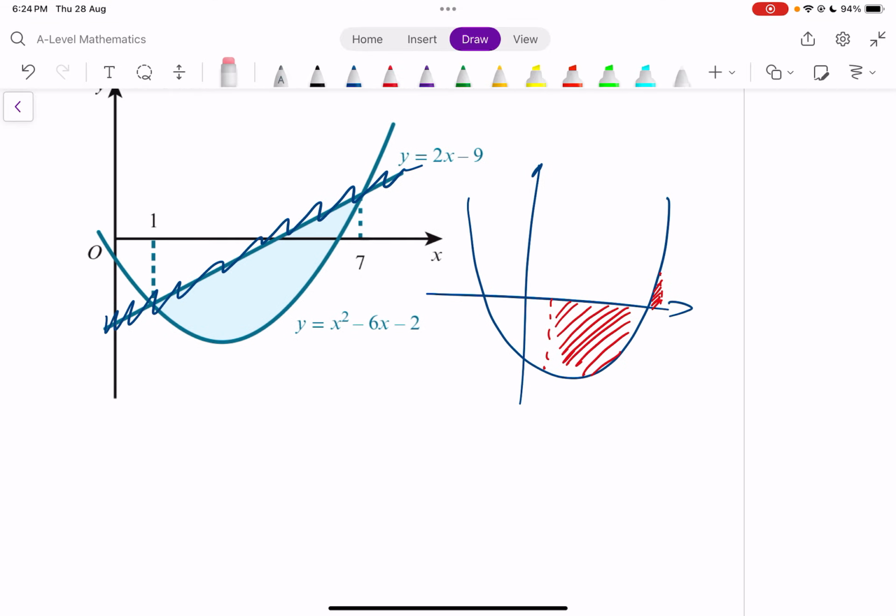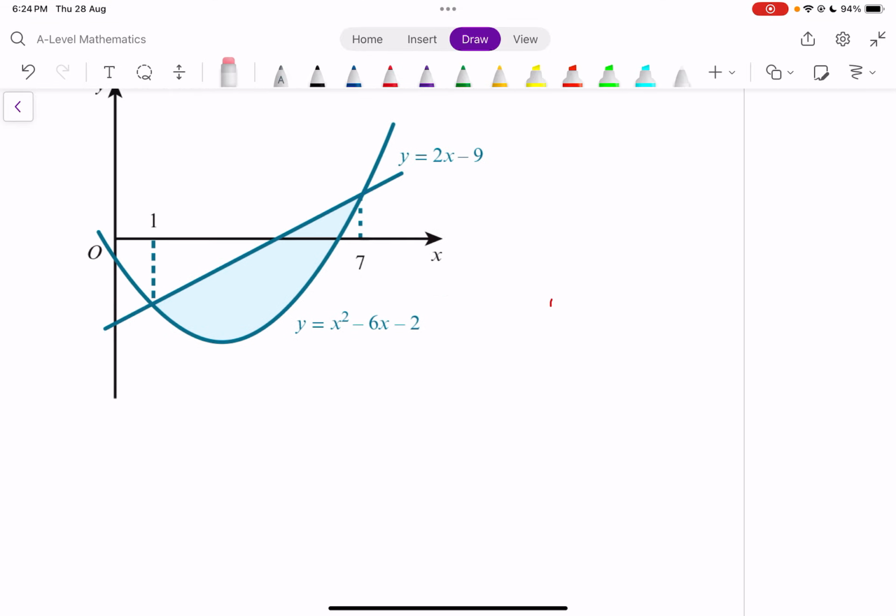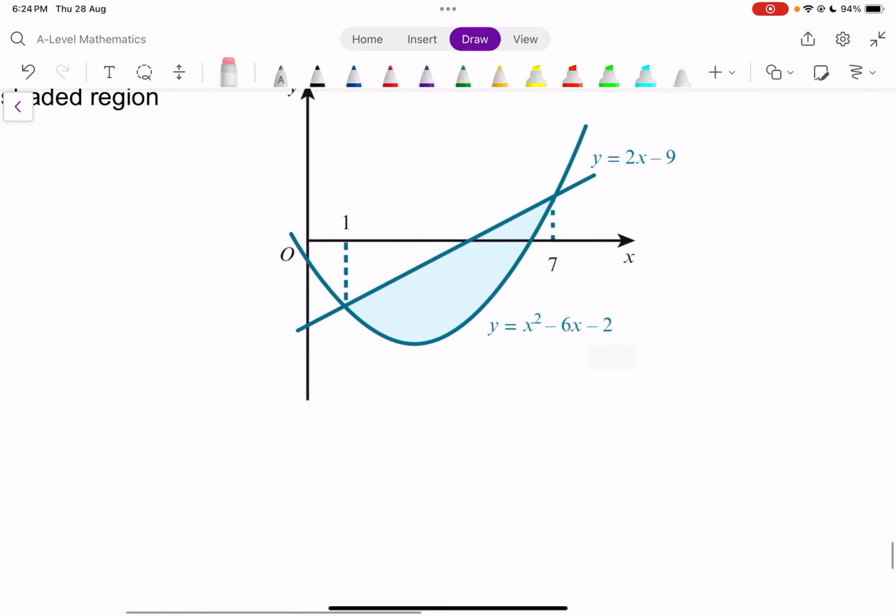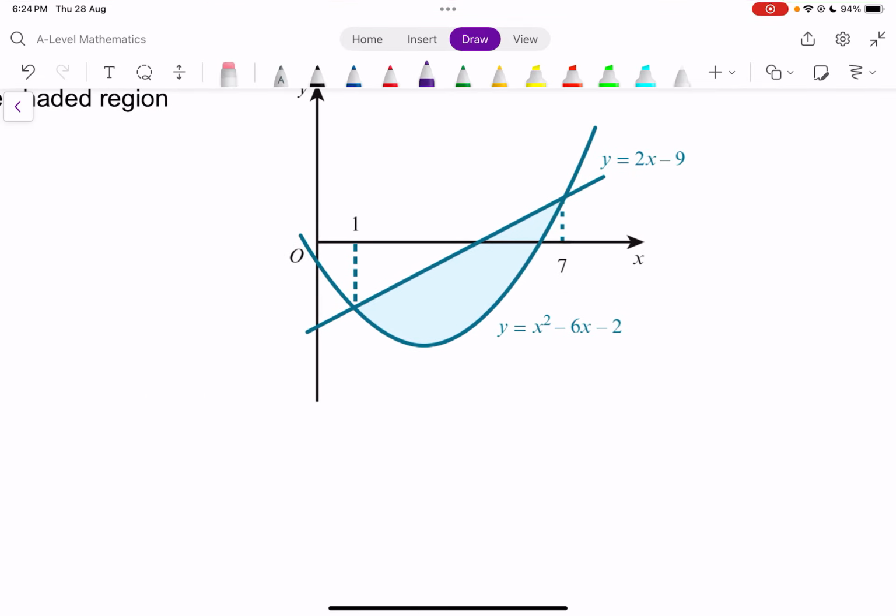But the question is, if I have my straight line graph here, and my straight line graph here, I understand this is being discarded.